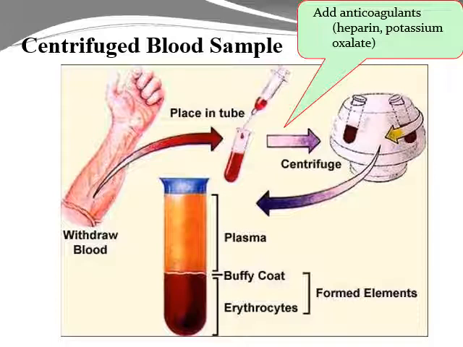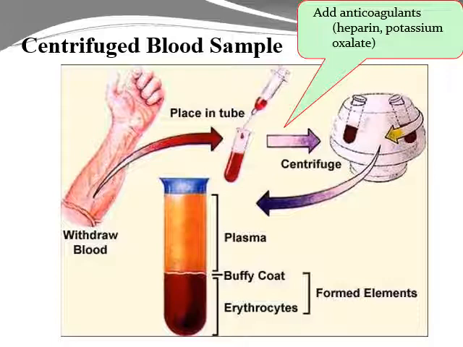See here. If you withdraw blood and add an anticoagulant, it will prevent the coagulation of the blood. And then if you centrifuge it, you'll get something like this, where the blood cells will deposit at the bottom, whereas the top portion, the supernatant, will be the liquid portion of the blood.